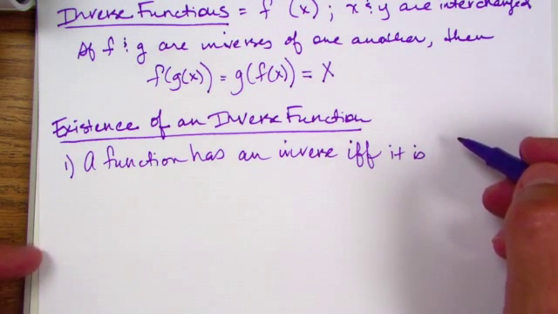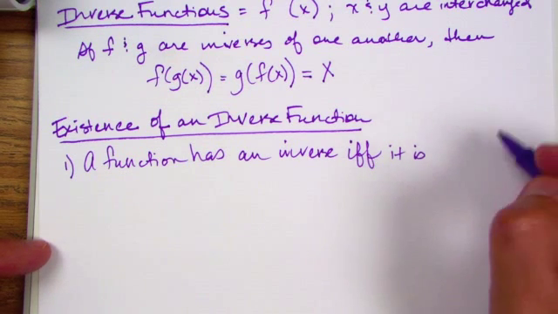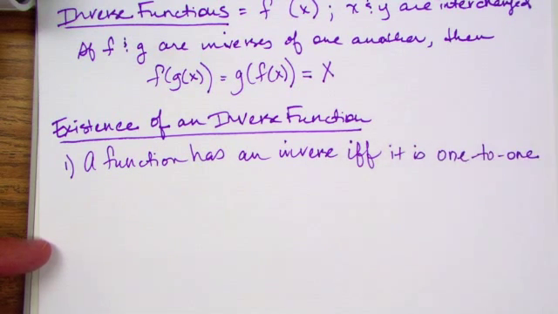What has to be true? Well, you're getting warmer. 1 to 1. Right? If and only if it's 1 to 1. Do you remember what 1 to 1 means? It passes the horizontal line test. Right? Yes, and the vertical line test.